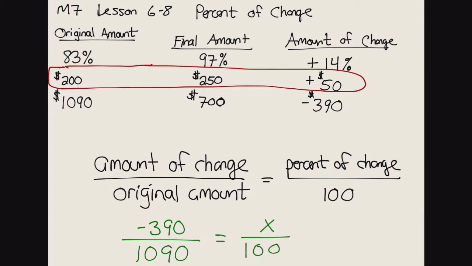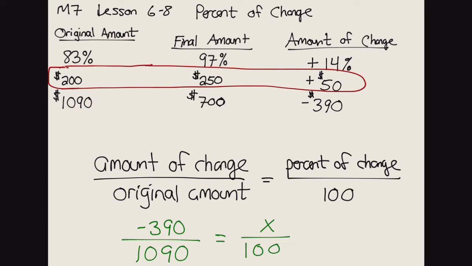Will you always have X over 100 for this tonight? Not necessarily. We're going to look at a couple of examples from your book. But typically speaking, that's most of the time how we use it. Kind of like last night, we were always trying to find the part. It would be a negative percent because it's a decrease. Yes, very good.